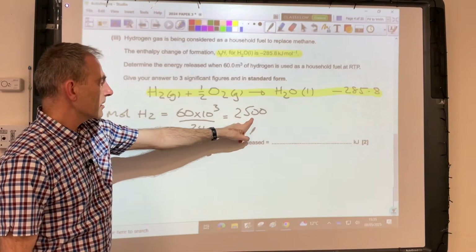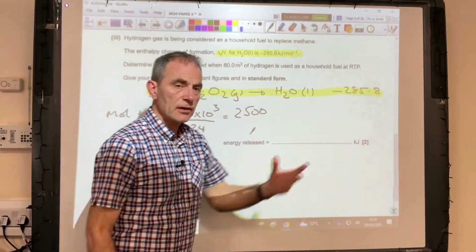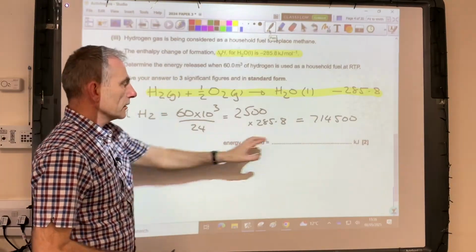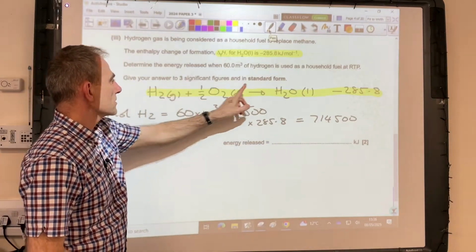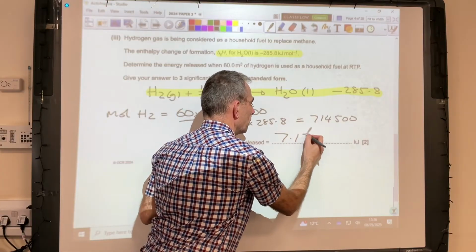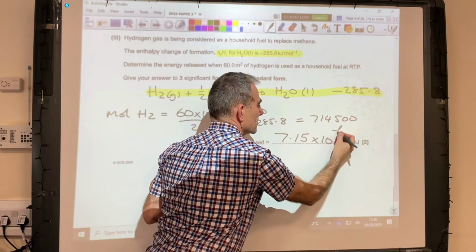So we've got that many moles of hydrogen. That times that will tell us how much energy will be released. The calculated value is that, but they wanted 3 significant figures and standard form. So it's going to be 7.15 times 10 to the 5.